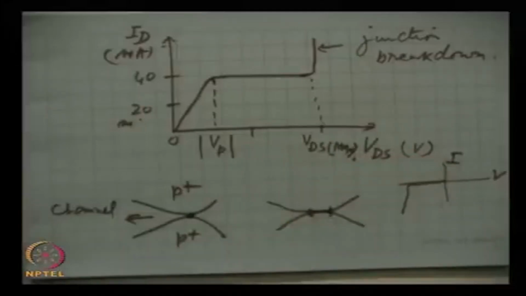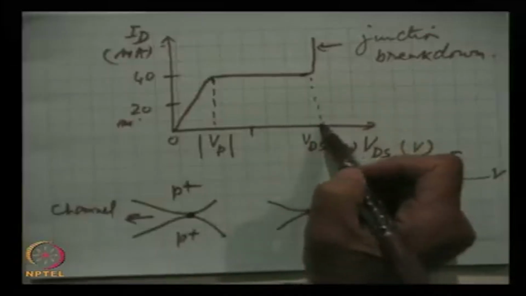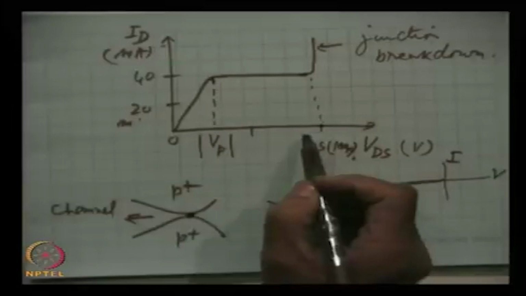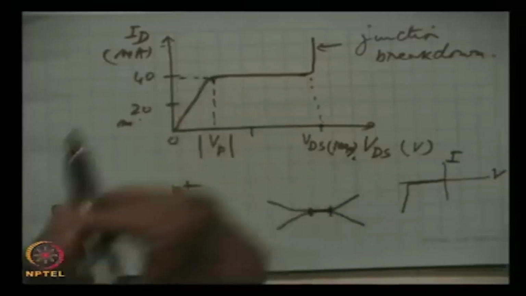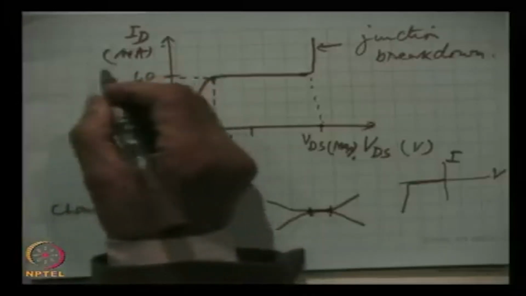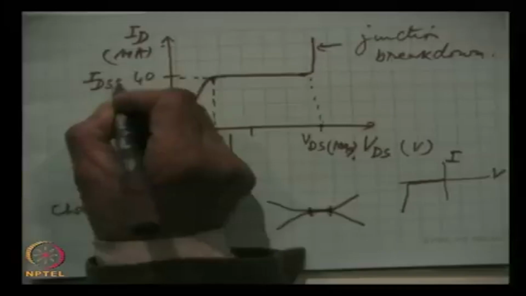We are not supposed even to operate in this limit. The voltage has to be less than the VDS maximum value, which is prescribed by the manufacturer in the data sheet. Now, this maximum current is known as IDSS.